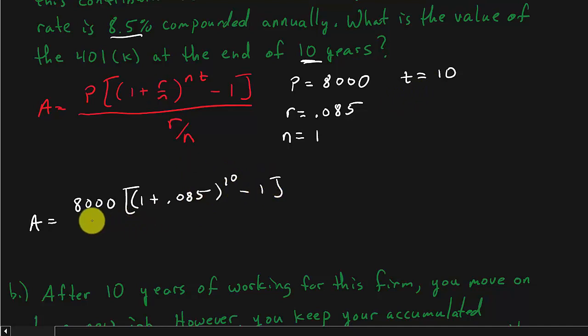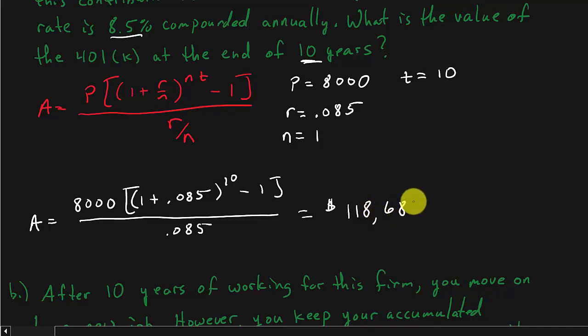Minus 1, over R over N, so 0.085 over 1, which is just 0.085, and so that is going to be $118,681. That's the amount there.